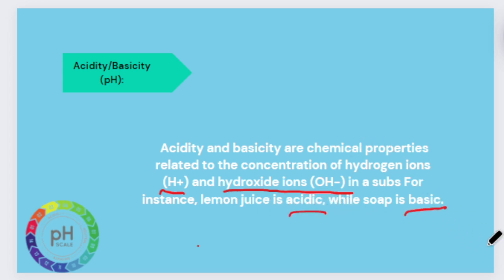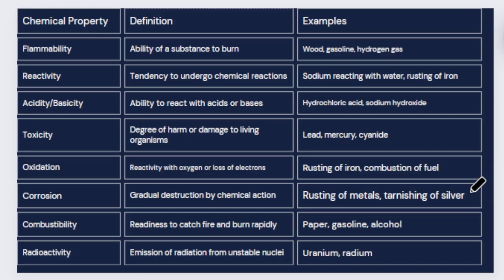Okay, so these are chemical properties. Yes, here is again a table where we can easily understand chemical properties in one frame: flammability, which we already discussed, reactivity, acidity and basicity, toxicity, oxidation, corrosion, combustibility, and radioactivity.